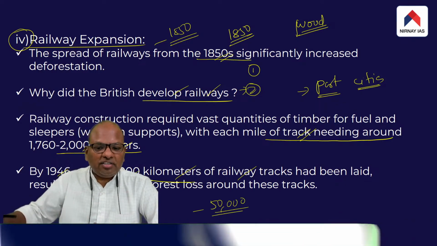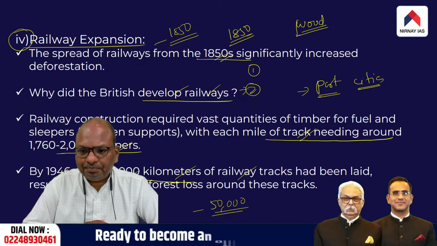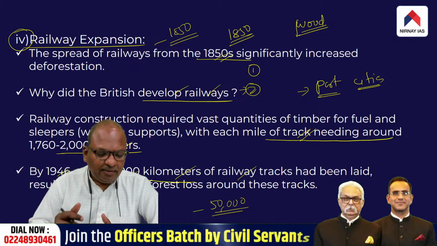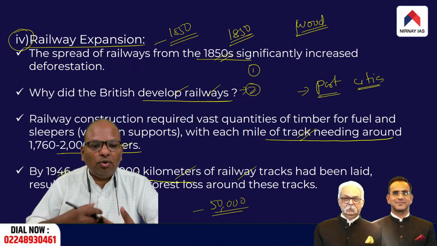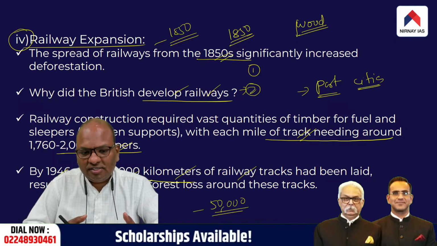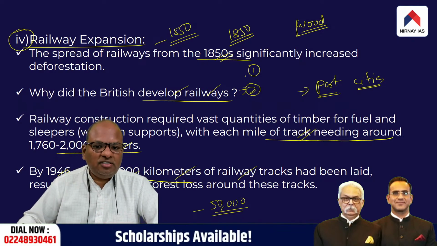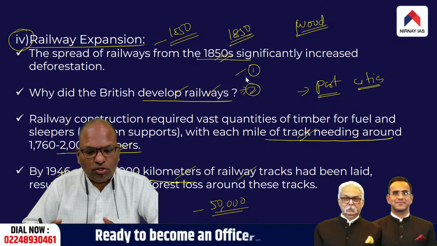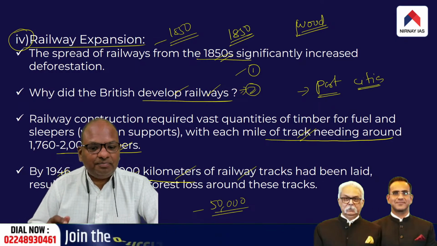Large scale deforestation began taking place in India. So the British introduced railways in India not to do any kind of good to Indians. The British introduced railways to further their interest, but this development of railways also had a negative impact on India.